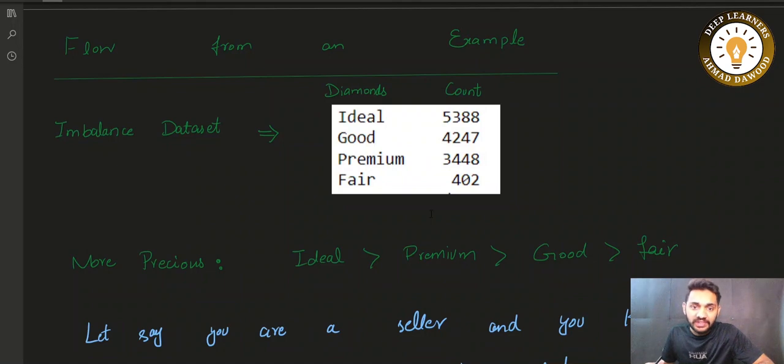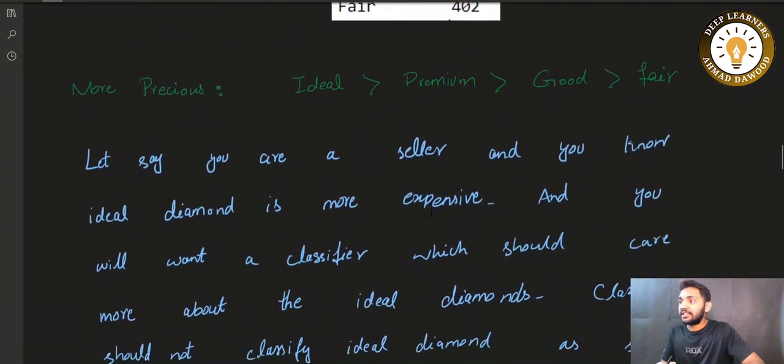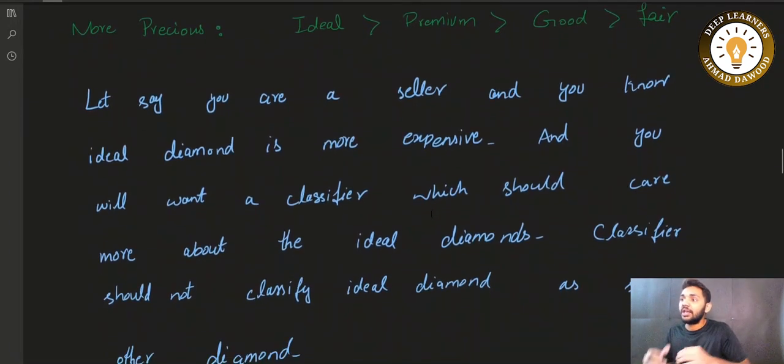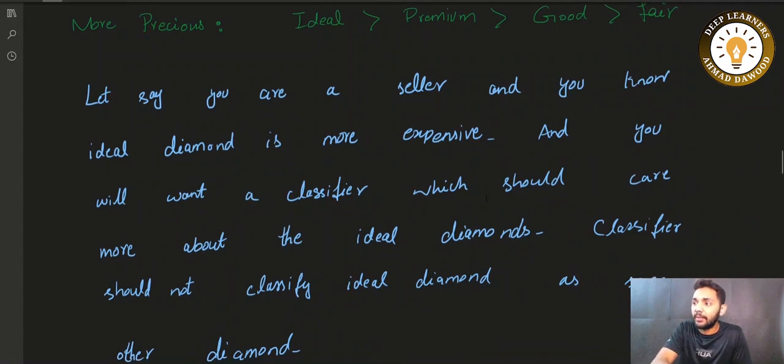So let's say you are a seller and you know ideal diamonds are more expensive, then you will want a classifier which cares more about the ideal diamonds, and which should not classify ideal diamonds as some other diamond.